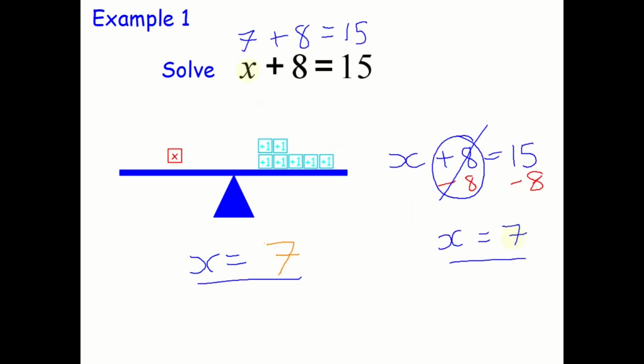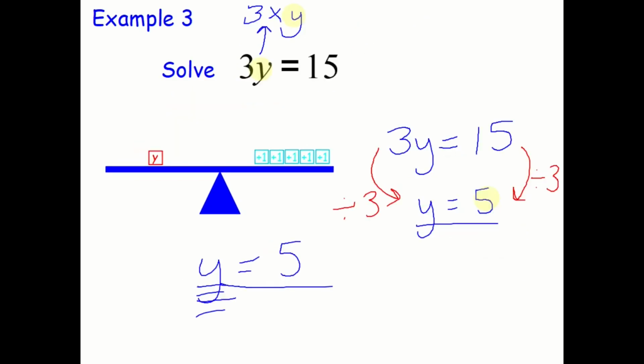On the previous one, we had a positive 8, and we did the opposite to solve the equation. We did a minus 8. And here, this one is 3 times y, and we did the opposite. We divided by 3 to get the solution. So you're doing the opposite operation in order to be able to solve.